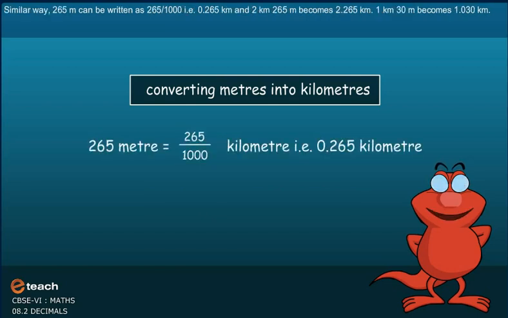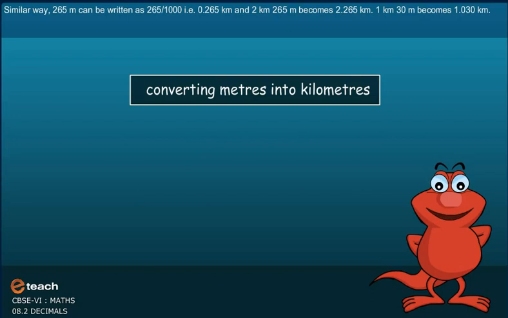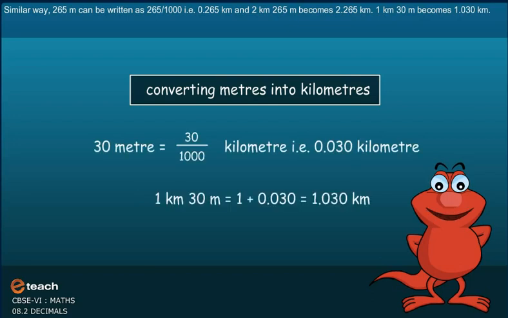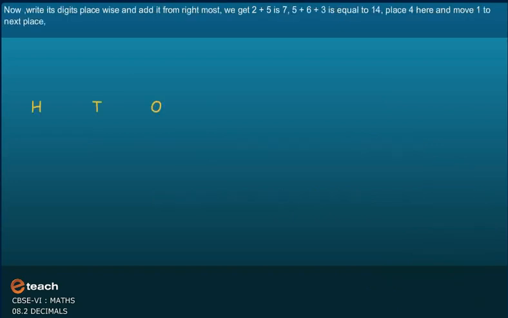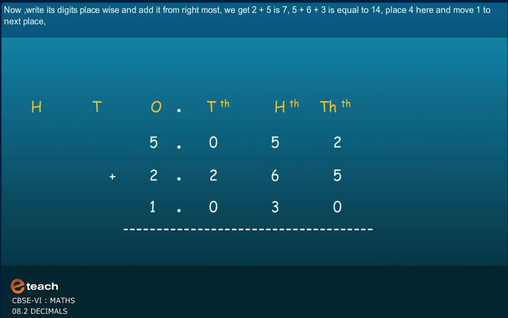Similarly, 265 meters can be written as 265 by 1000, that is 0.265 kilometer. And 2 kilometer 265 meter becomes 2.265 kilometer. 1 kilometer 30 meter becomes 1.030 kilometer. Now, write its digits place-wise and add from rightmost.